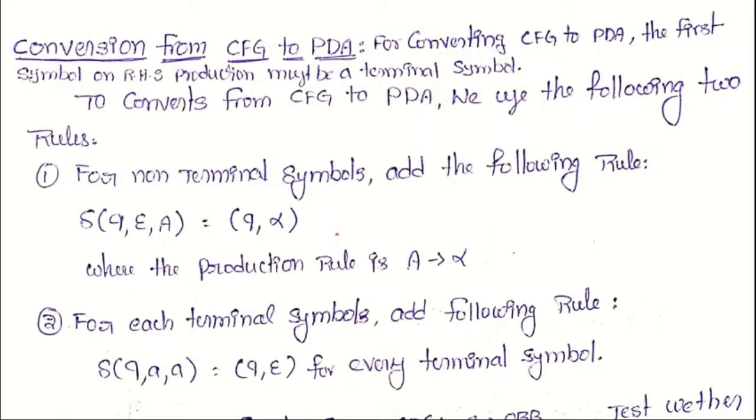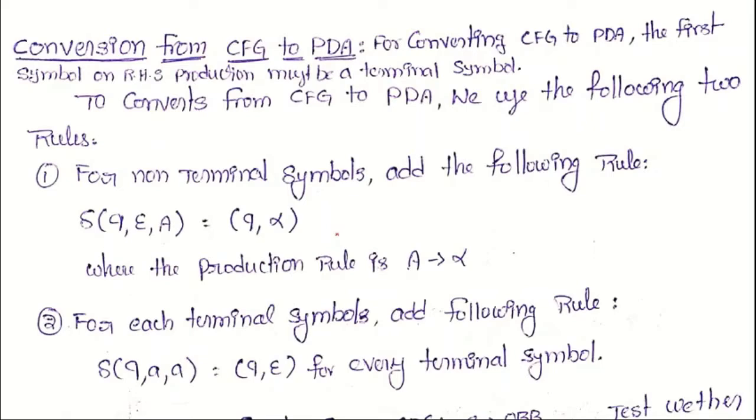Whenever we want to convert from context-free grammar to push-down automata, that particular context-free grammar must be in GNF. That means each and every production in the context-free grammar must start its RHS with a terminal symbol and then contain any number of non-terminals.